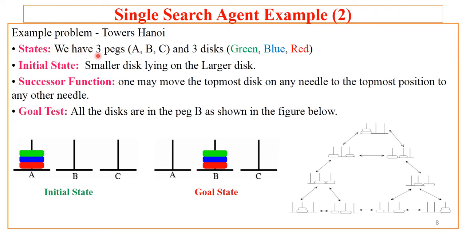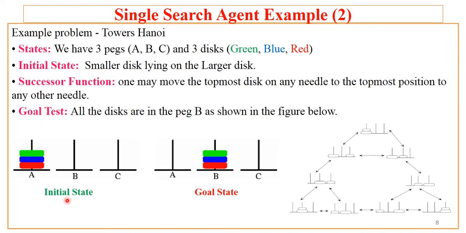The state space will be the representation using three pegs A, B, C and three disks of three different colors: green, blue, red. And what is the initial state? The initial state is like a smaller disk lying on a larger disk. The rule is that no larger disk should lie on a smaller one. Only a smaller disk can lie on a larger one.